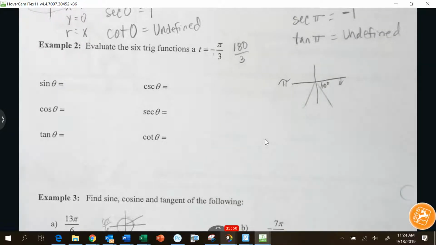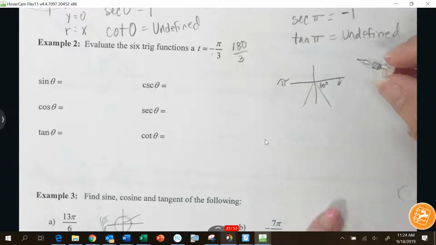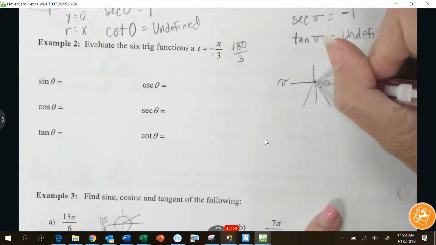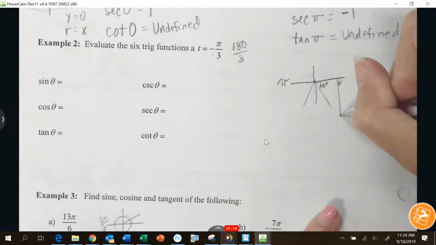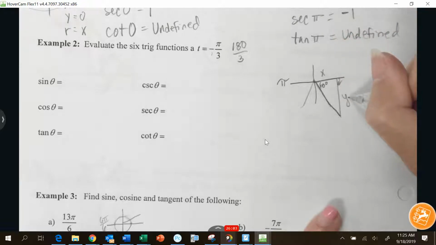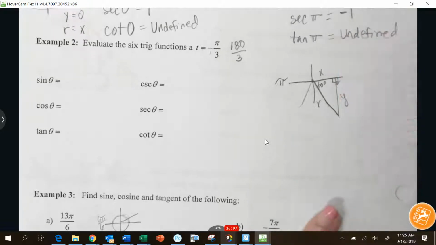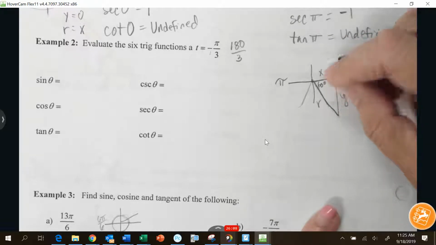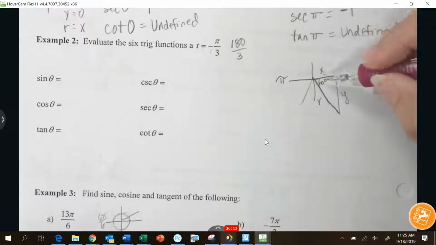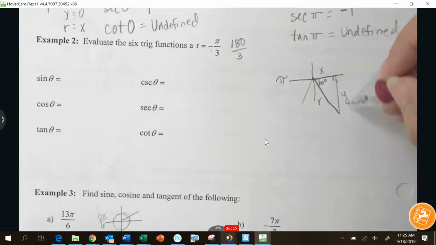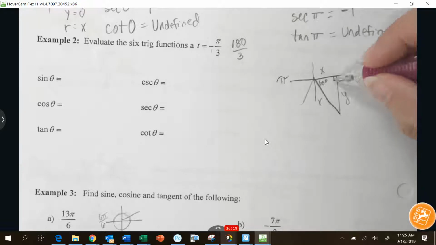So what I need to do is draw a triangle. So we start at 0, 0, and we always do in our triangle x, then y, and when we come back, that becomes our r. Every single time. I heard people asking about reference angles because we talked about those for a half a second. We will keep talking more about those, but if you draw your triangle correctly, the way that you would graph an ordered pair, you will have the correct reference angle.